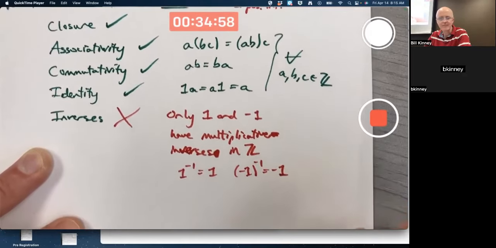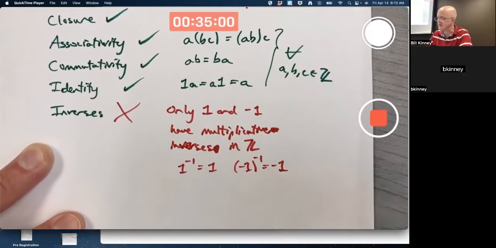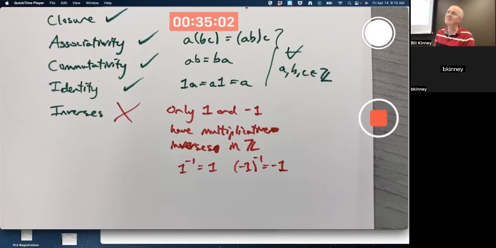I'm making my ones a little extra fancy sometimes for some reason. Don't always do that. Sometimes yes, and sometimes not. Okay. Nothing else has a multiplicative inverse in Z.